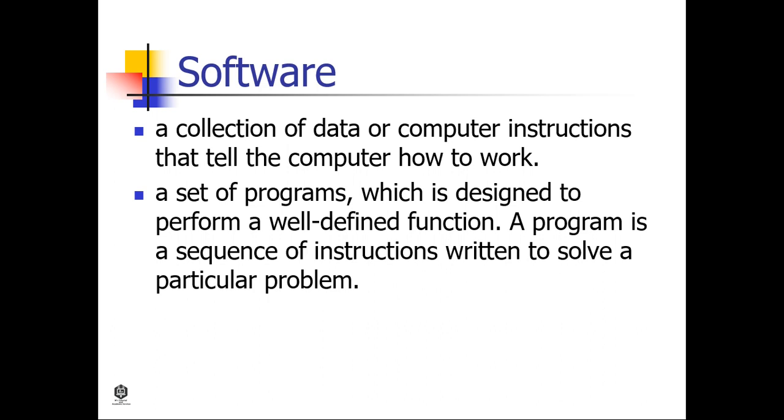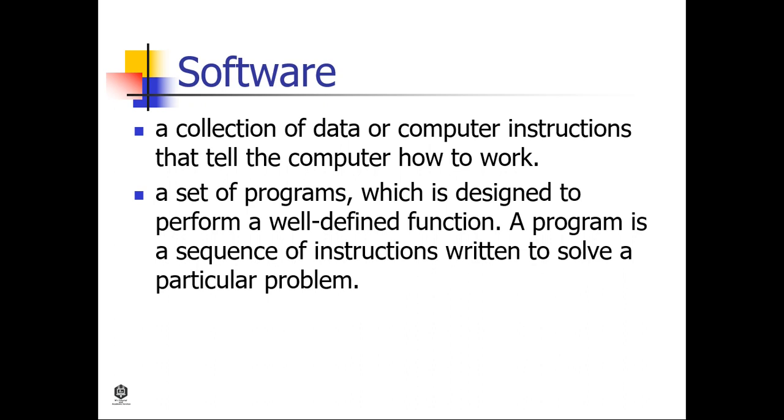Computer software, or simply software, is a collection of data or computer instructions that tell the computer how to work. This is in contrast to physical hardware, from which the system is built and actually performs the work. In computer science and software engineering, computer software is all information processed by computer systems, programs, and data.